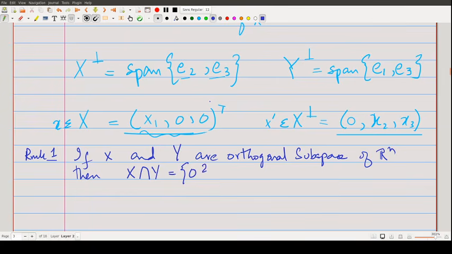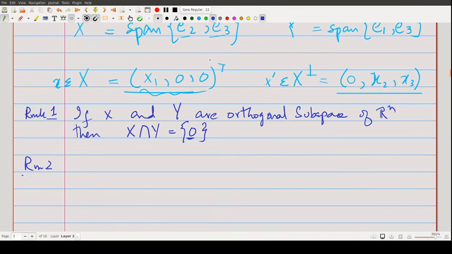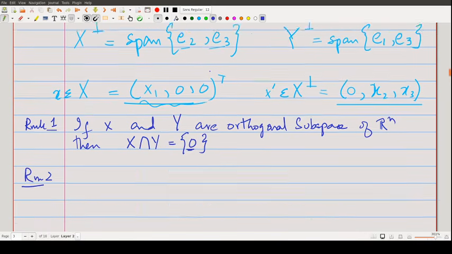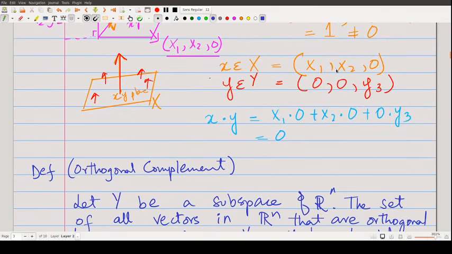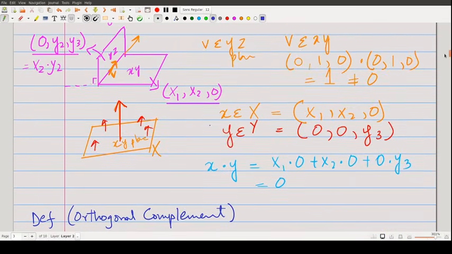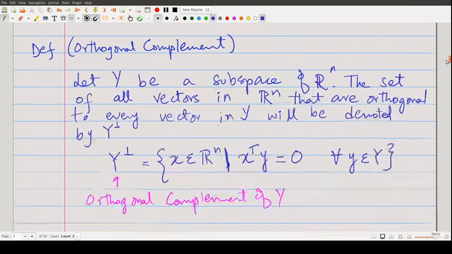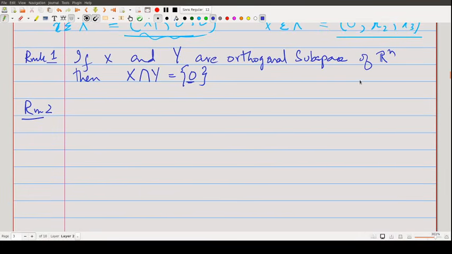There is no common vector between them. Because if there were a vector common to them, then, just as we saw in this example, if you take the dot product of that vector with itself, you will not get 0. So any non-zero vector cannot be in their intersection.